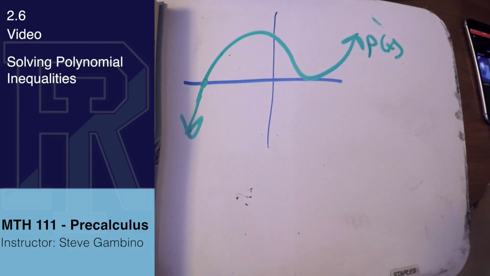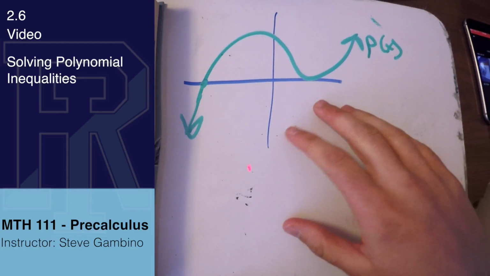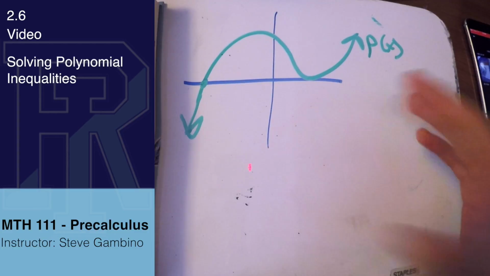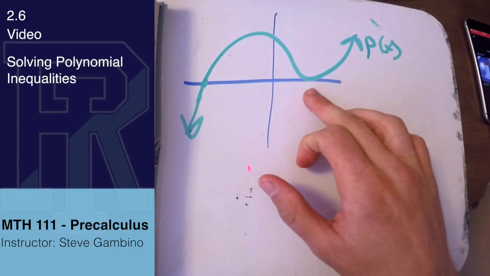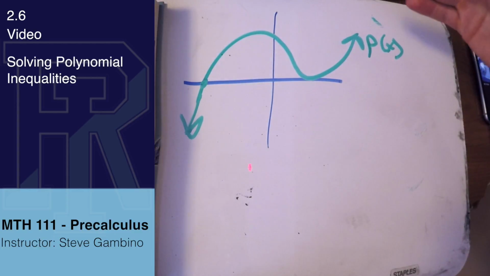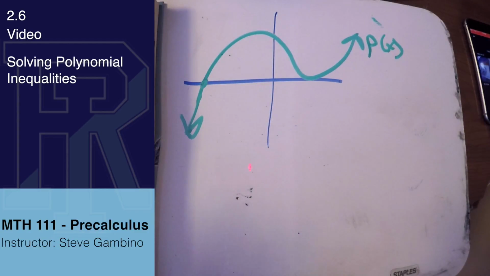But we can actually make it even simpler for ourselves, because what this process is really boiling down to is identifying on the graph where the x-intercepts are and then seeing how it behaves when it's above the x-axis or below the x-axis. And all of the tools that we've worked with in this section have built up to us being able to do that.